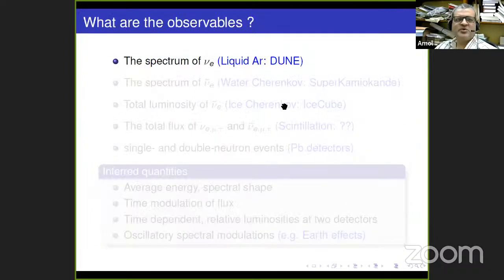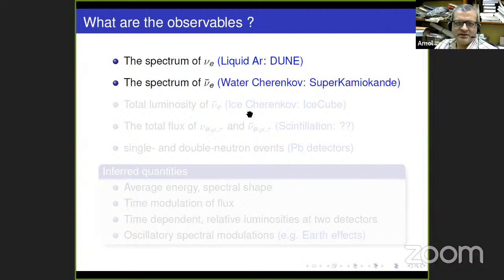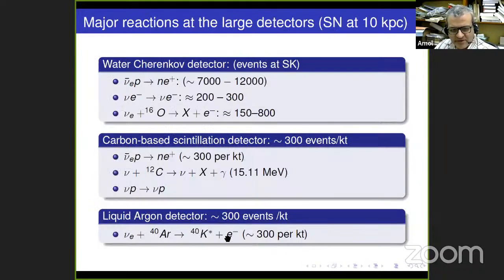What is it that we'll be able to see now? Let's look at electron neutrinos first. As we just saw, with the liquid argon detector like DUNE, you will be able to look at electron neutrinos and reconstruct the spectrum of their fluxes, because the energy of the electron that comes out will be similar to the energy of the neutrino that hit you.